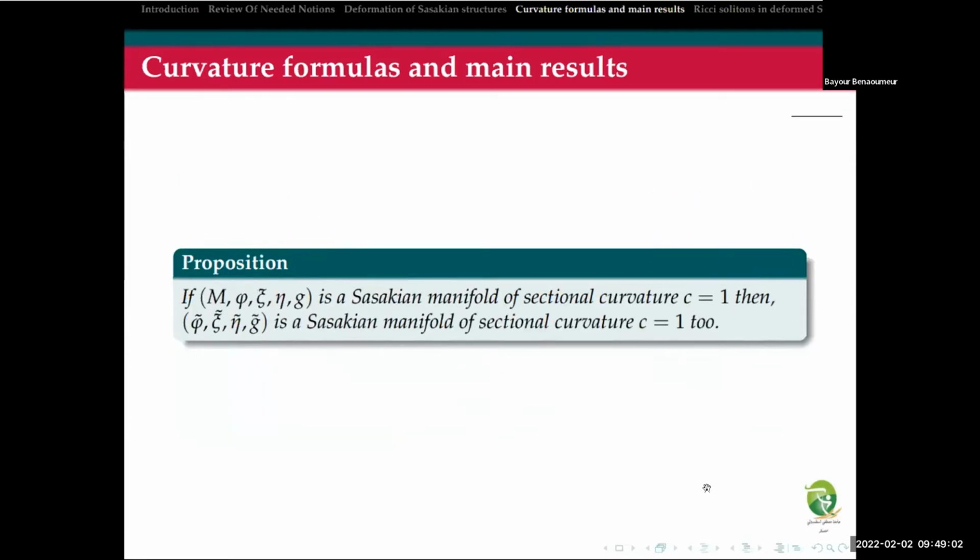Proposition: if the structure (M, phi, xi, eta, g) is a Sasakian manifold of sectional curvature c equal to 1, then the new structure phi tilde, xi tilde, eta tilde, g tilde is a Sasakian manifold of sectional curvature c equal to 1 too.